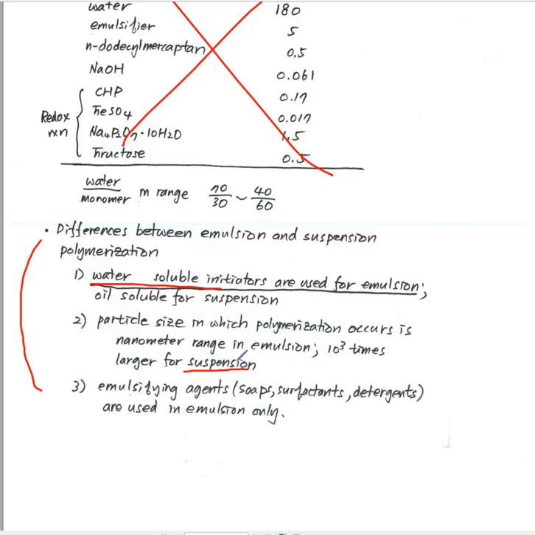From 10 micron to like up to centimeter size. But in emulsion polymerization, the sizes are much smaller, right? In nanometer range. It is just determined by the size of the micelles, right? And in emulsion polymerization, we use emulsifier or the surfactants, right? But in suspension polymerization, we are not using these surfactants.